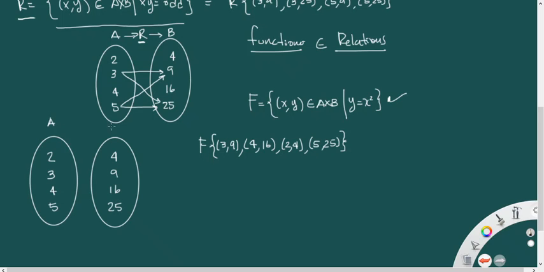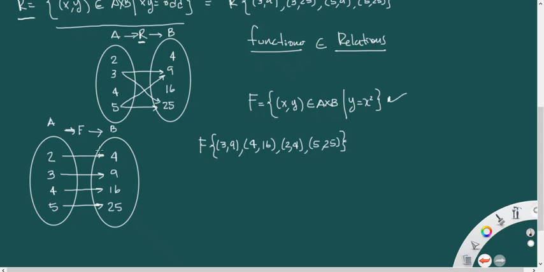Now we have this rule F that is establishing a relation between the set A and the set B. In our arrow diagram, we see there is a relation between 3 and 9, between 4 and 16, between the number 2 and 4, and 5 and 25.